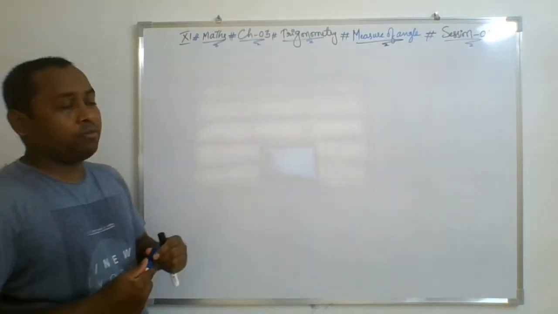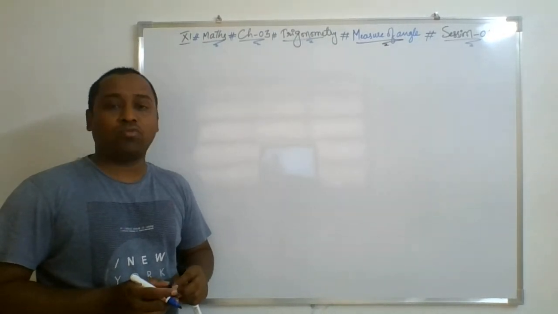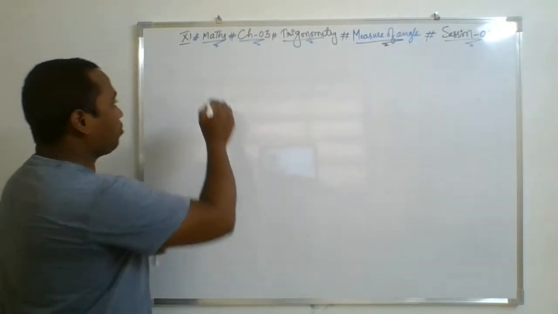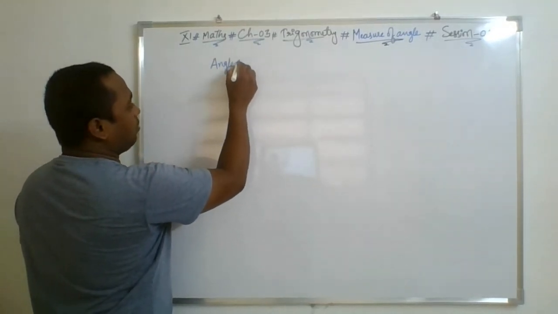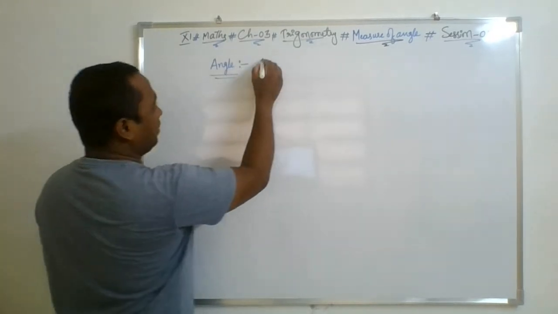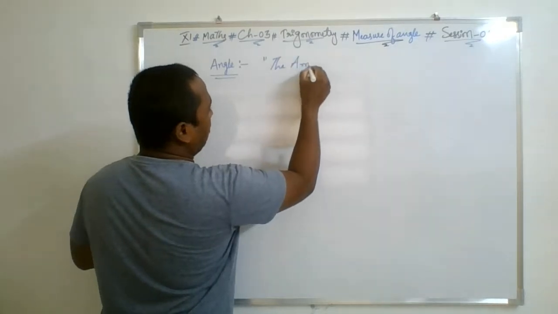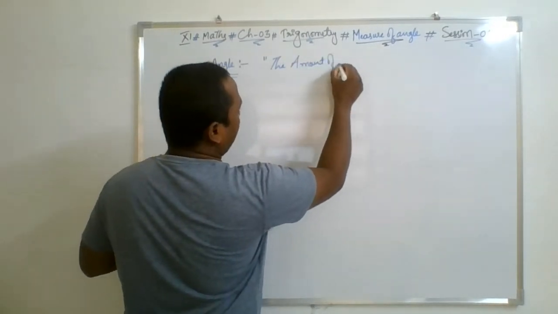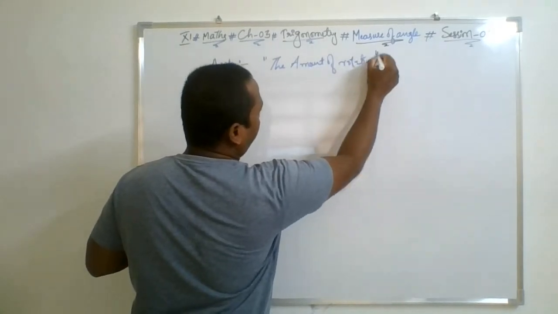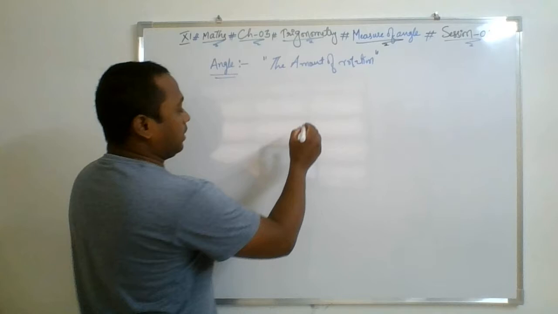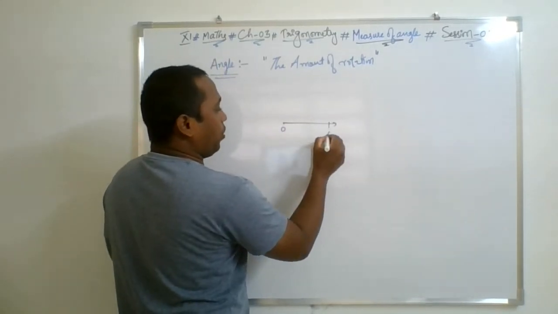So what is first of all the angle? The question comes to our mind, that is, what is angle, right? So first of all, if you just try to define the angle, you must say it is simply the amount of rotation. In short, the amount of rotation. In simple words, let us say there is a ray OA.